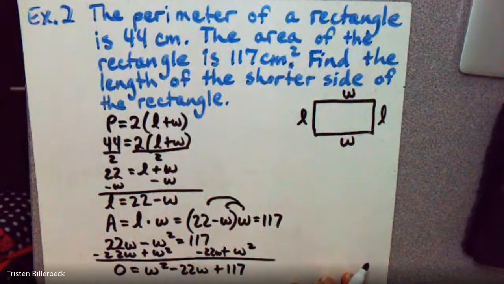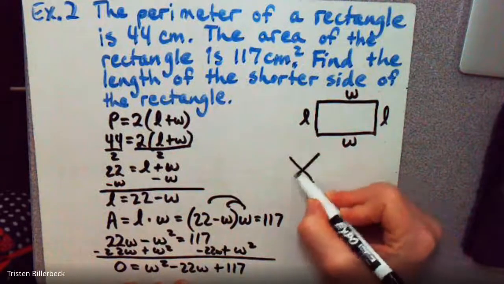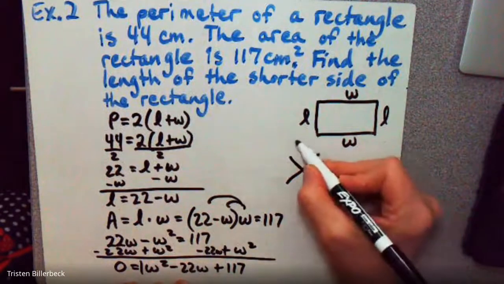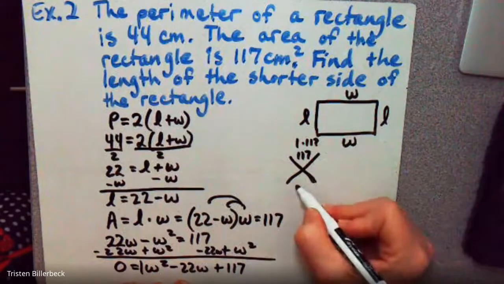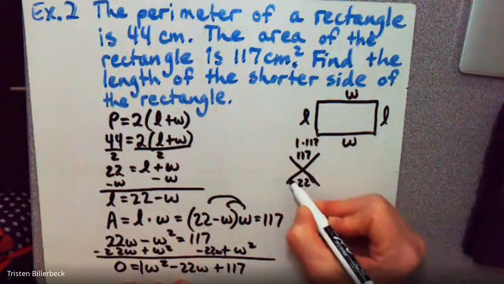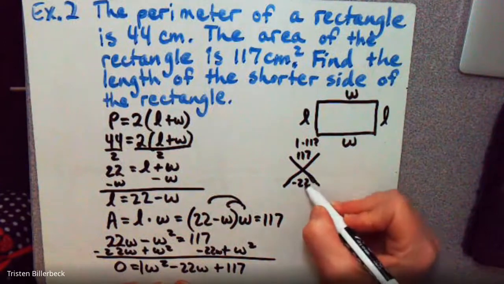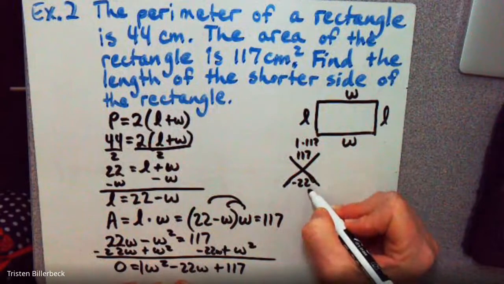All right, let's take a look at what we've got. We want to do a diamond on this. We have 1 times 117 is 117, and then we have negative 22. So we ask what multiplies to be 117 and adds to be negative 22.